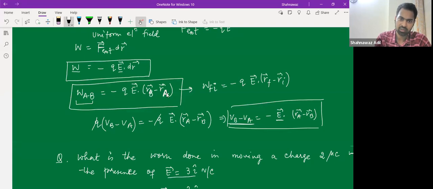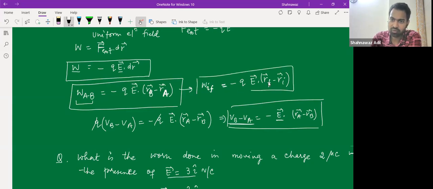Please correct that: RB minus RA. We can write this as work from initial to final, equal to final point minus initial point.